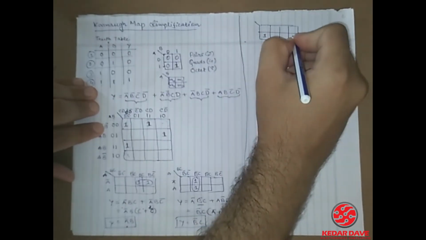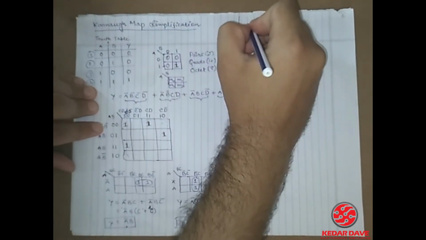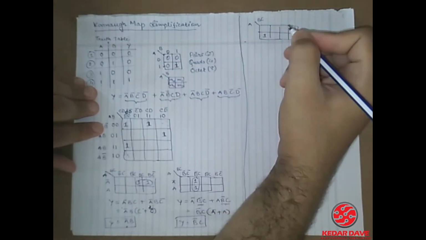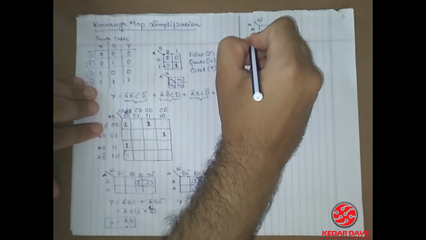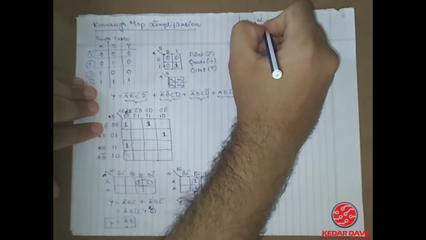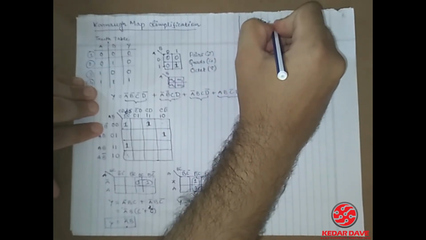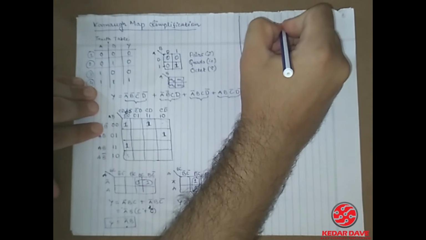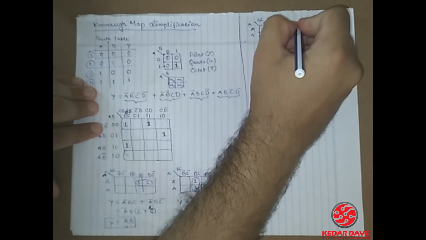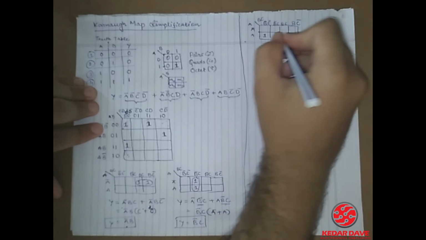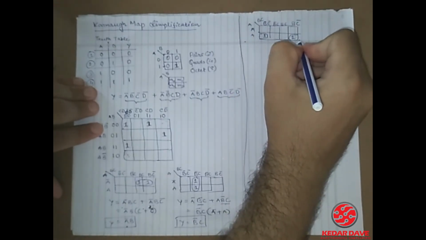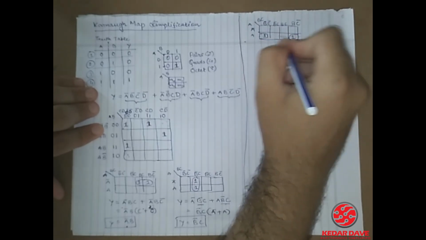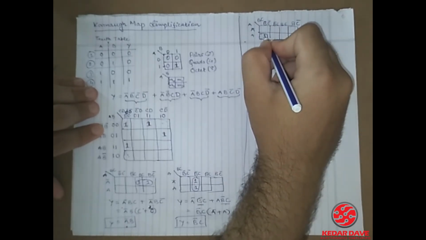We are getting one over here, we are getting one over here, A B C, and what we need to write is that A bar A, over here B bar C bar, over here B bar C, over here B C and B C bar. So here we can make a pair this way, this one and this one. So both the ones are making a pair.